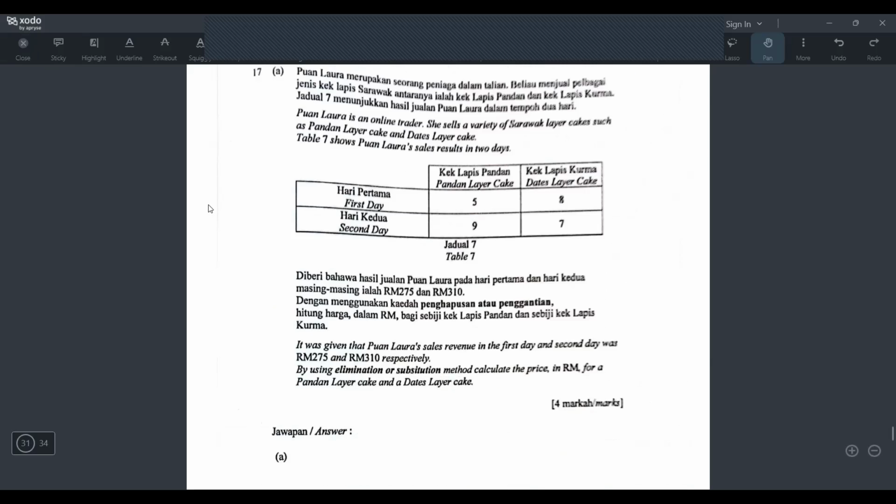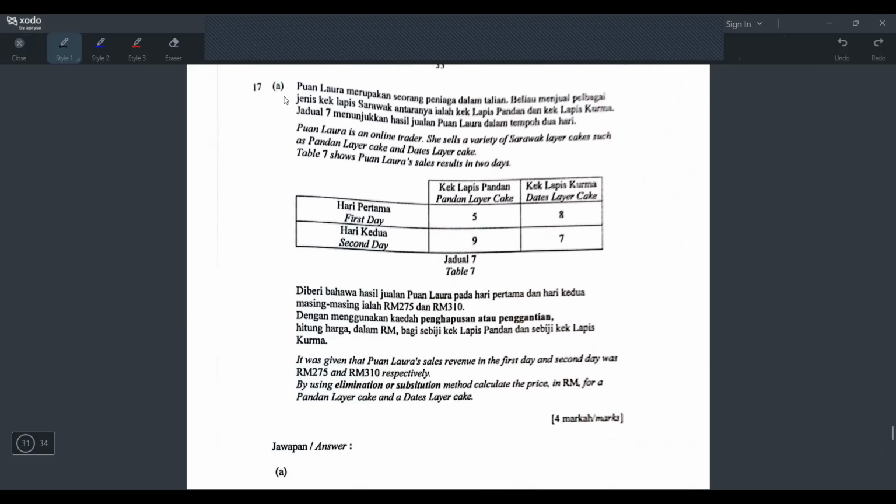Okay, that's the answer. Finally, the last question, number 17. Puan Laura is an online trader. She sells a variety of Sarawak layer cakes such as pandan layer and dates layer cake. Table 7 shows Puan Laura's sales results in 2 days. First day and second day, these are the numbers of cakes.